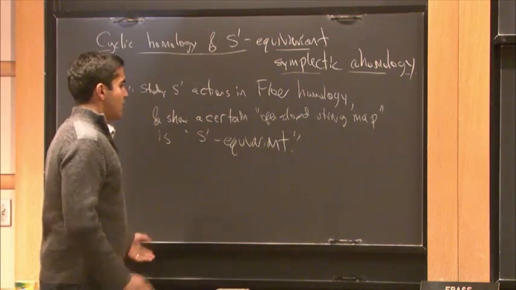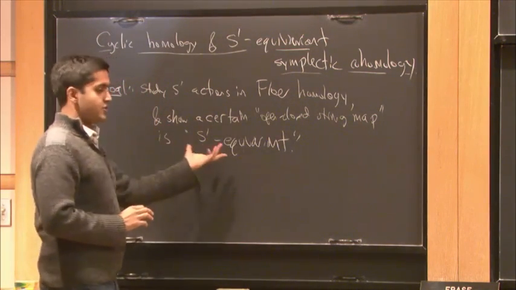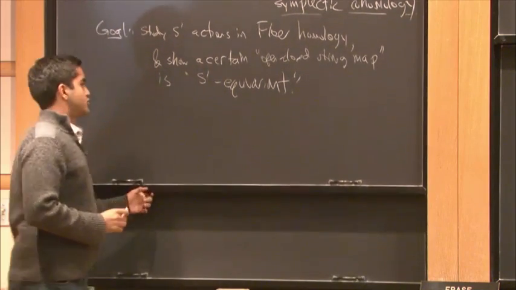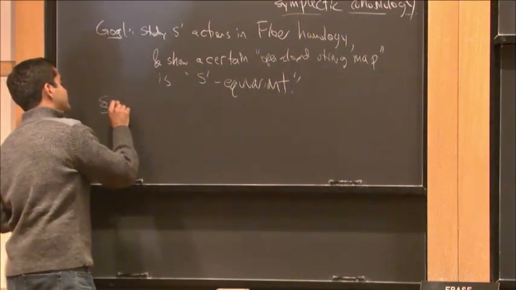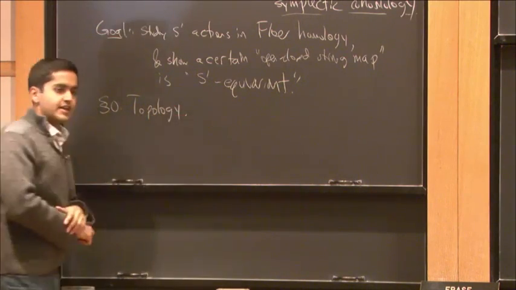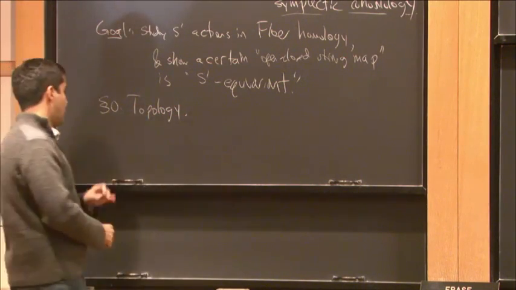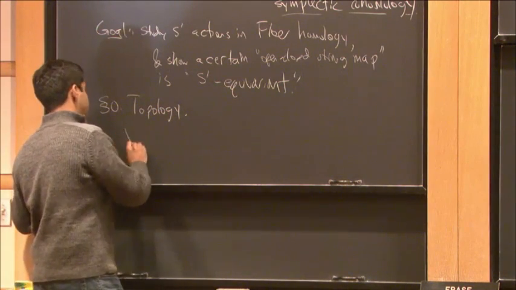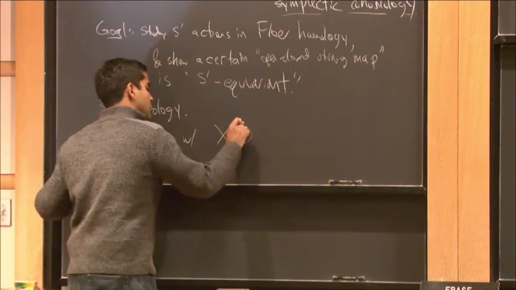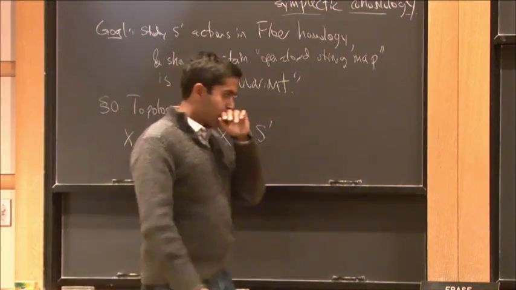Okay, so what do I mean by this? Well, let me talk about the notion of S1 equivariance first. So maybe let's just recall S1 actions in topology. Okay, so let's say we have X, a space with S1 action.